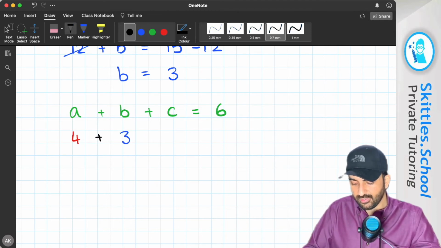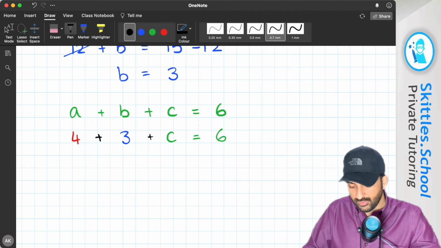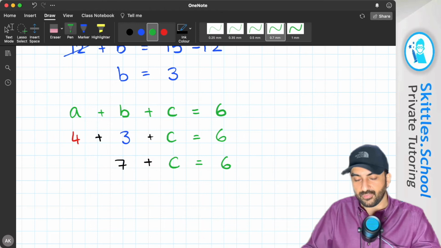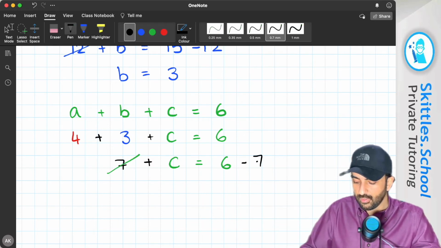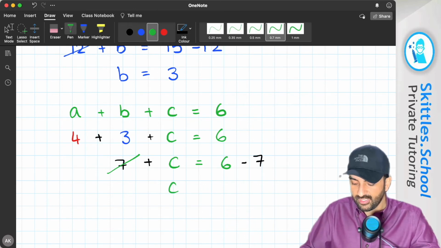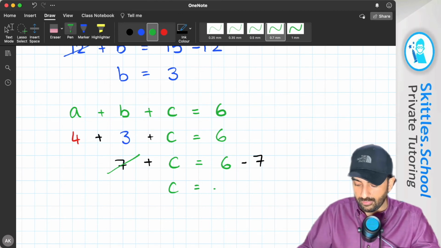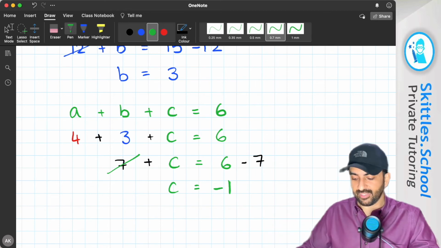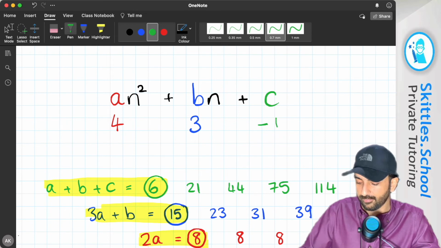Now we can use this to deduce c. 4 plus 3 is 7. So 7 plus c is equal to 6. And if I subtract 7 from both sides, we're left with c is equal to 6 take away 7. c is equal to negative 1. Now we can substitute that into the general form.